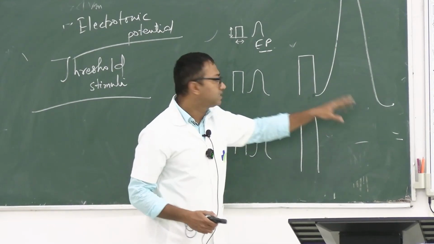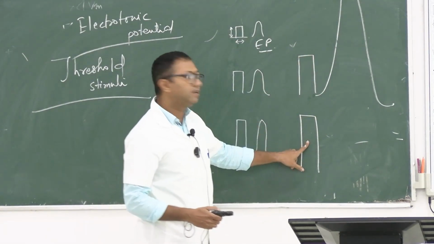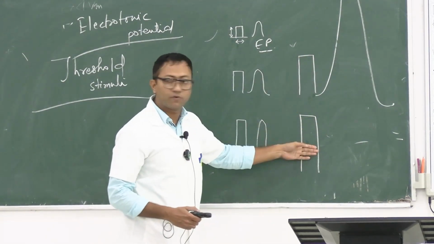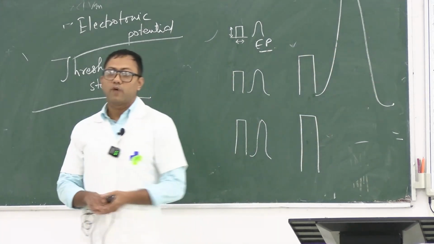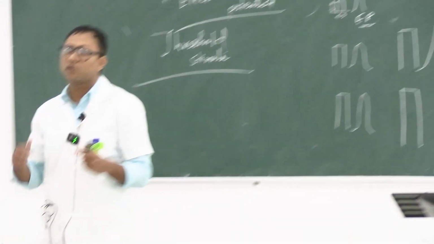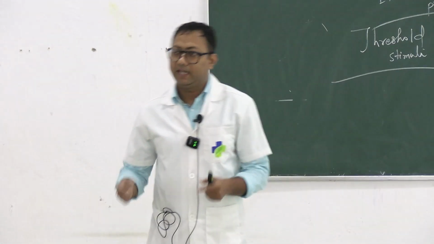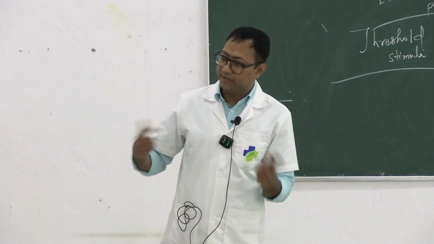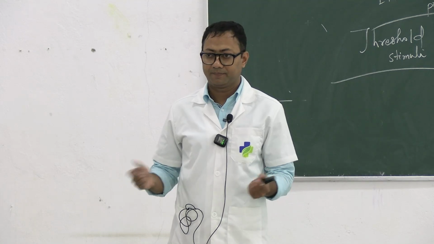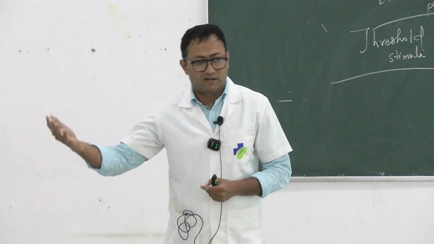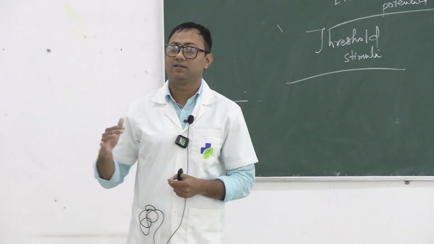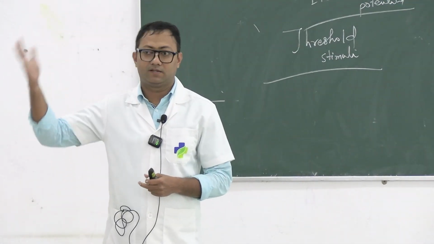Again another stimulus greater than before, you get the same action potential. So once action potential is generated, it is always the same in magnitude, height and duration. So electrotonic potential is incremental, but action potential has a fixed height.